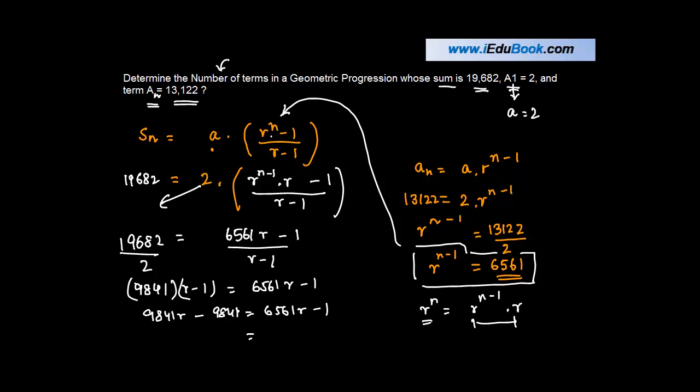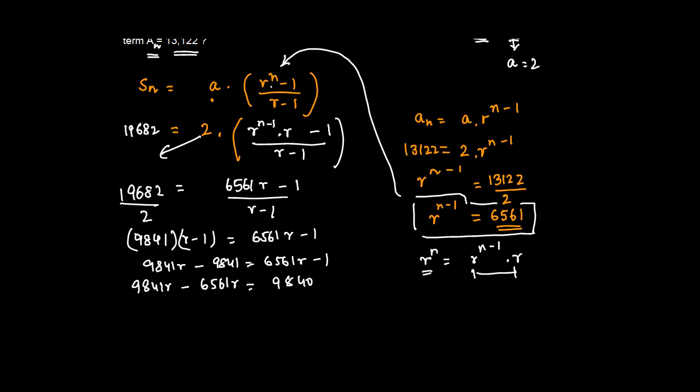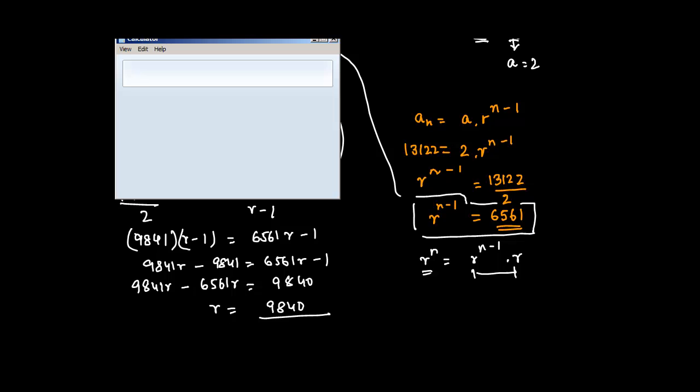Taking this to the other side, it becomes plus, so I get 9840 here, and here I get 9841r minus 6561r. Solving this for r, you get r is equal to 9840 divided by 9841 minus 6561.